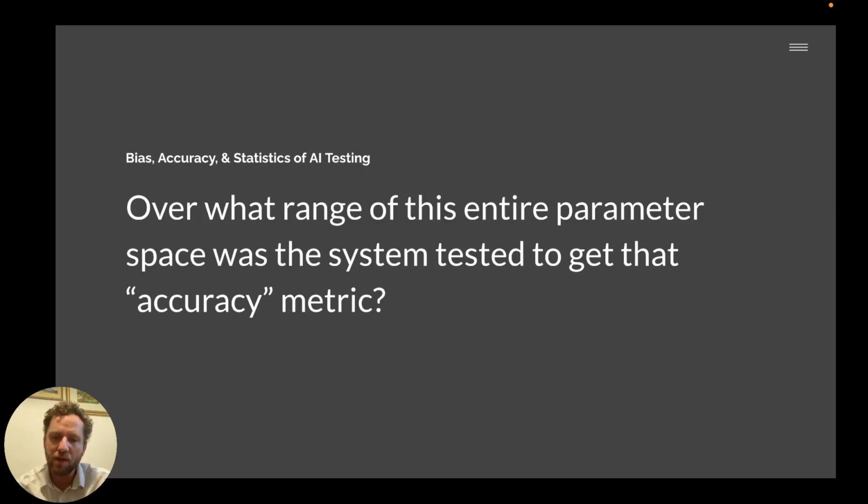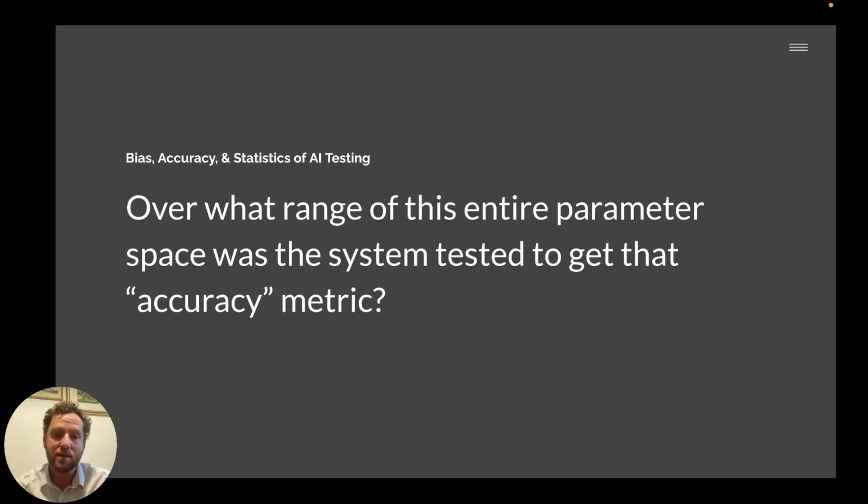And when you're thinking about risk, you have to think about, is there good coverage of that parameter space in the areas where risk could occur? Let's say low lighting. If it's operating in an underground garage where lighting is low, it could be very risky.